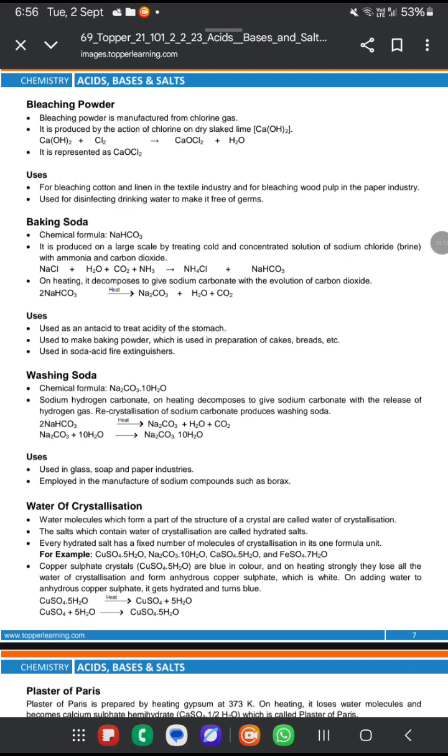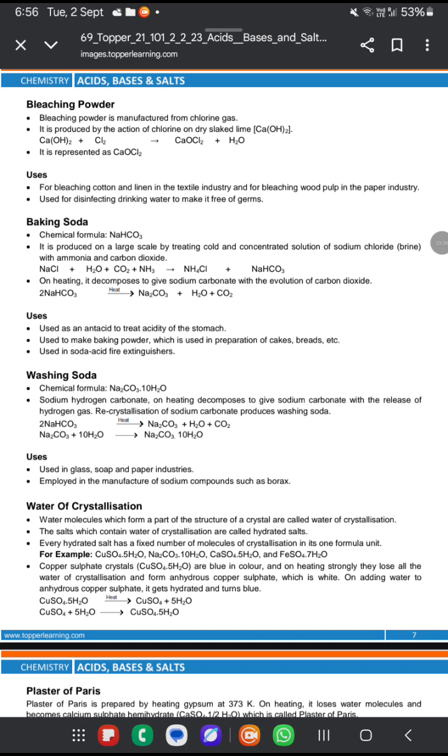Washing soda. Chemical formula Na2CO3·10H2O. Sodium hydrogen carbonate on heating decomposes to give sodium carbonate with the release of carbon dioxide gas. Recrystallization of sodium carbonate produces washing soda.